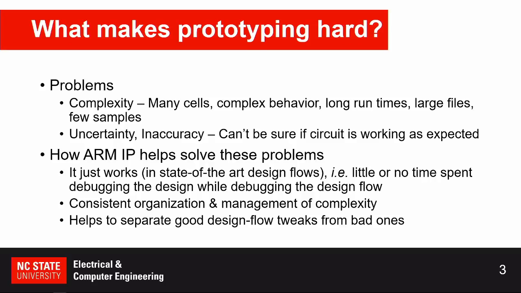Because so often when we do these large designs, we can spend days or weeks trying to track down a particular problem, only to find that it was a problem with the design that we have created rather than the flow, that the flow is actually working properly. So it helps us to separate those concerns. And it does that with a consistent organization and management of the complexity of the whole system, and helps us to separate these good design flow tweaks from the bad ones. So that, in a nutshell, is why we use it.